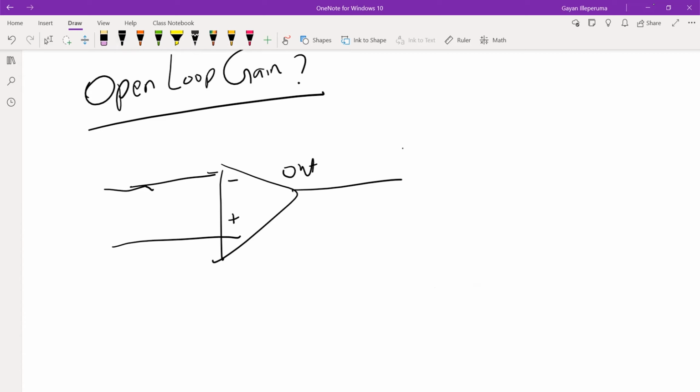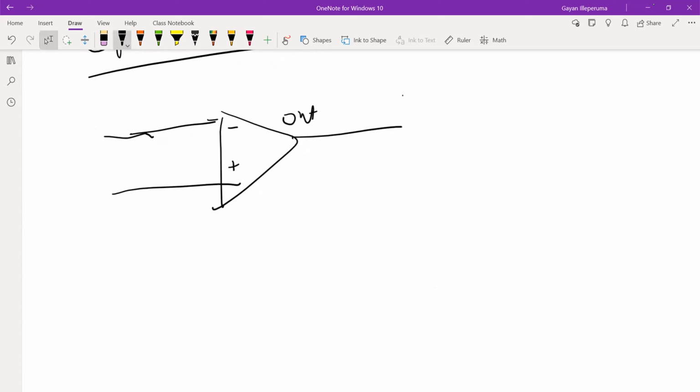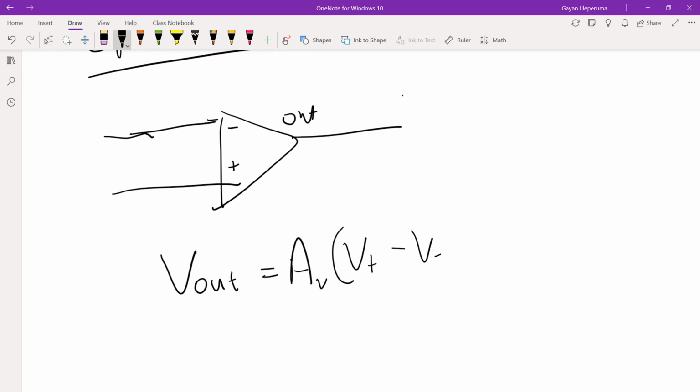So we usually write it as AV. What is the equation for this? Or you might prefer to write it the other way around. Usually we write it as V out is equal to open loop voltage gain times (V plus minus V minus).